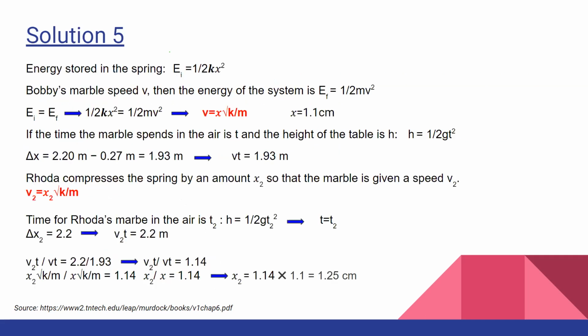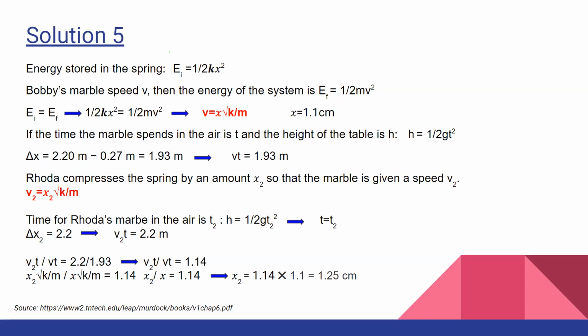So obviously, since we're dealing with compressed springs, we can use energy as the main way to analyze this problem. Energy is 1/2 kx squared, because what we're looking at is potential energy stored in the spring.